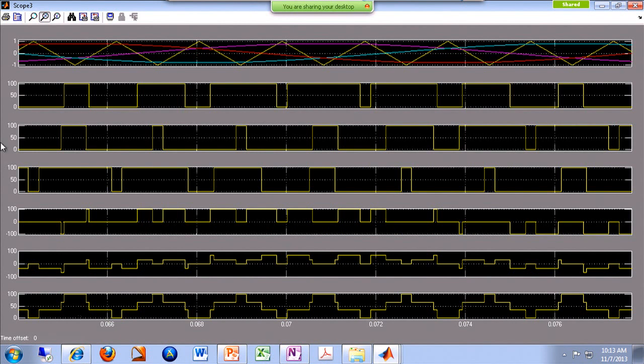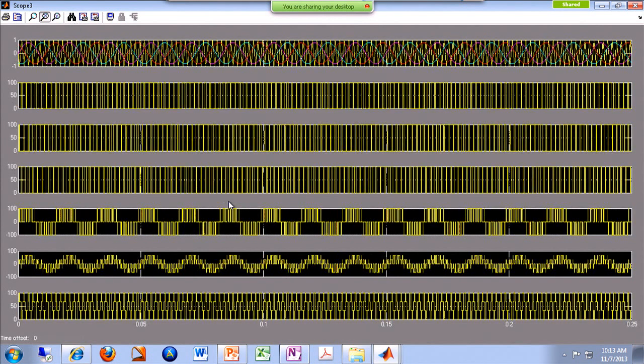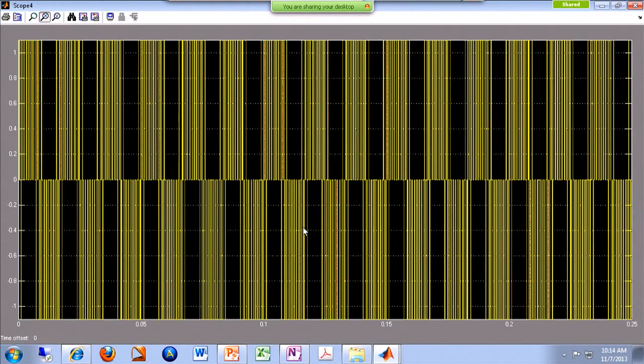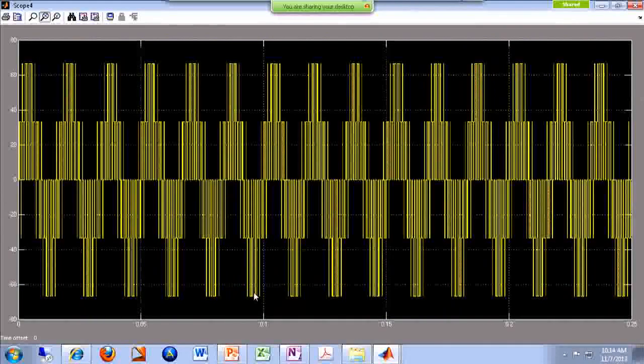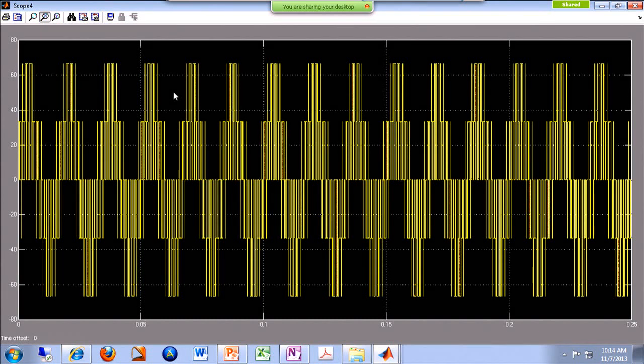Again, we are highlighting over here that this is not exactly 0. Let me zoom out a little bit. And actually, I have a better one here. Okay, so this is actually our VAN, line to neutral voltage for phase A. So remember, it settles either at 2VDC over 3, which is 200 over 3, which is 66, or VDC over 3.